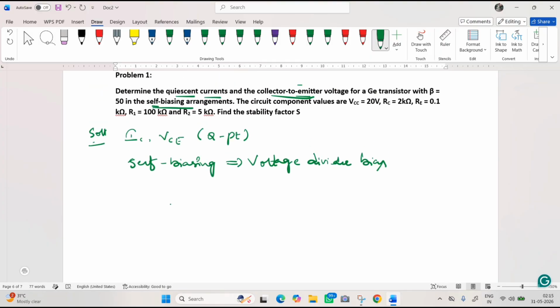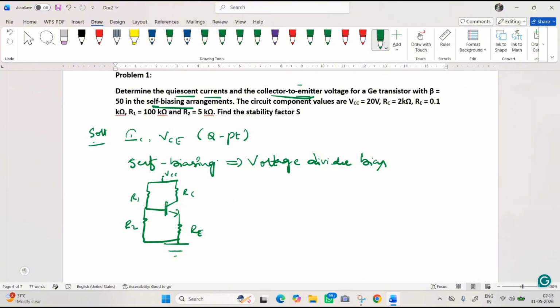This is RB, and then this is RC, and then here it is R1, and then R2. This is connected to the ground. From here, we are connecting it as VCC, right? This is the circuit diagram.